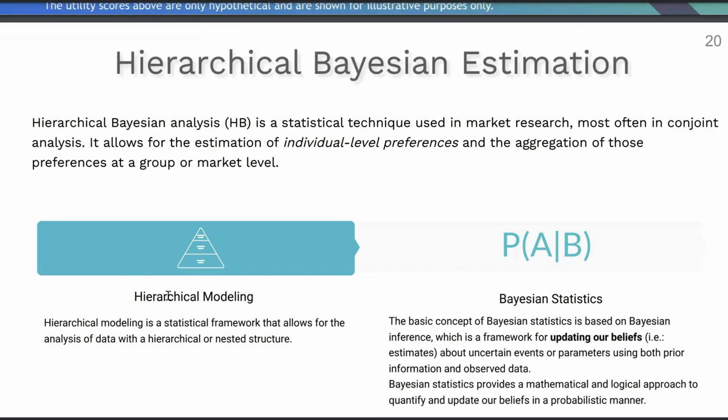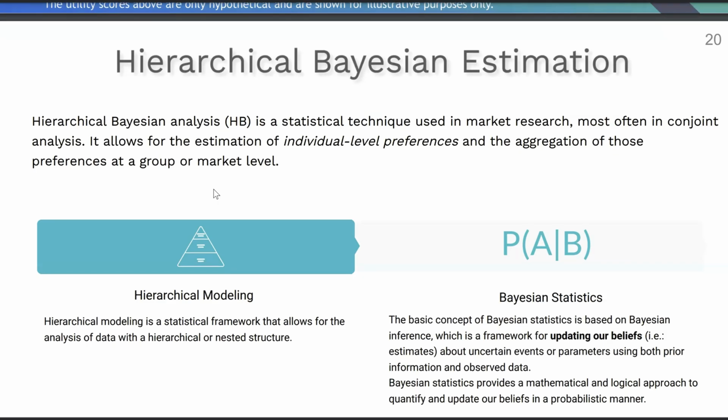Then Bayesian statistics is basically just updating our beliefs, in this case updating the utilities by learning about preferences at the group level. Now that I've learned at the group level, let me update each individual's score based on that. But if you don't remember any of that, all you need to remember is that if you want to get individual-level utility scores, you want to use the hierarchical Bayesian technique.